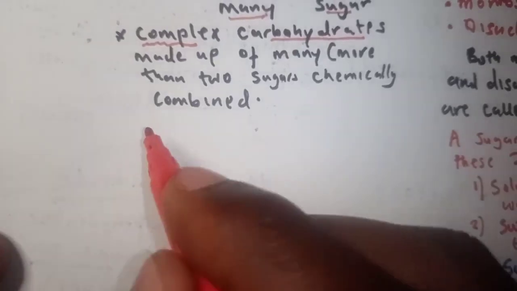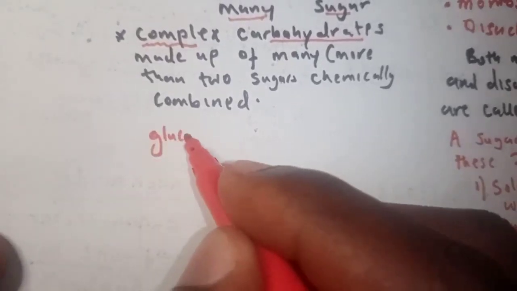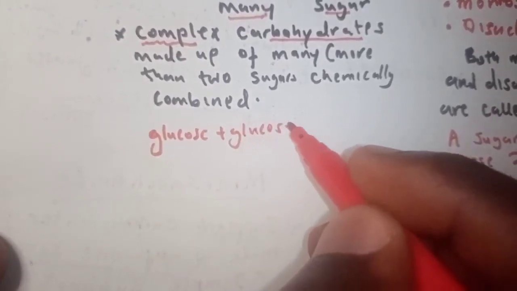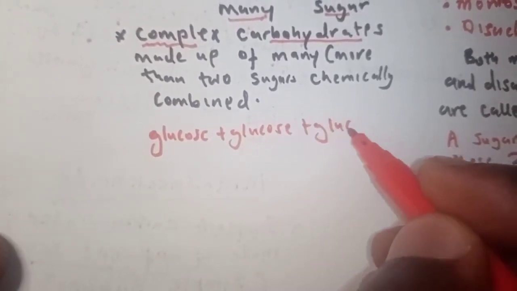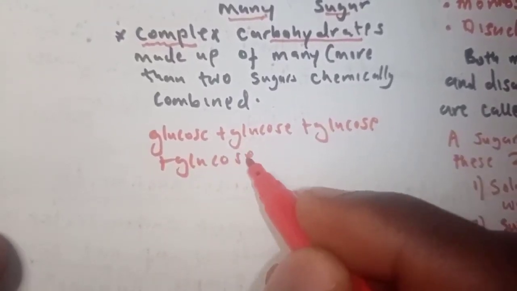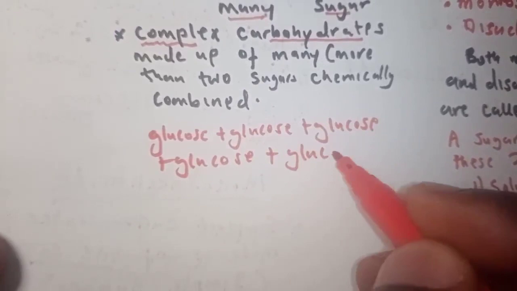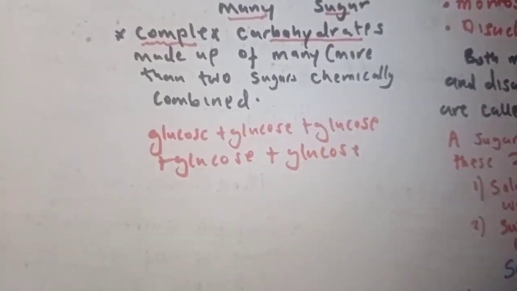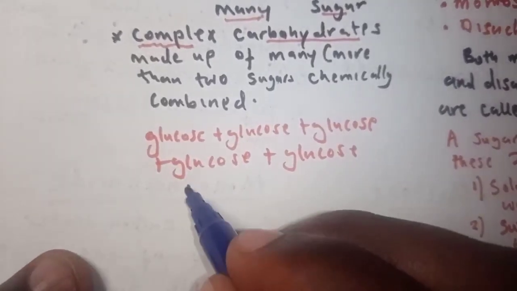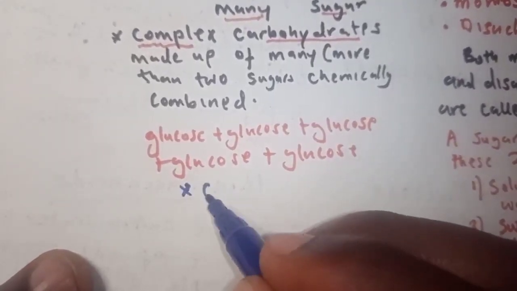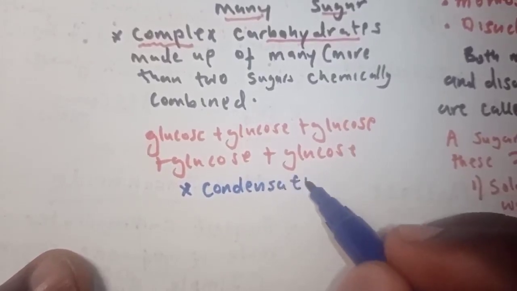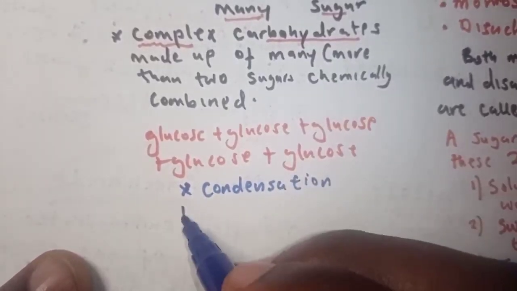So if you would take glucose plus glucose plus glucose plus glucose plus glucose, if you add all these glucose molecules together, a reaction will take place, and we call it a condensation reaction.